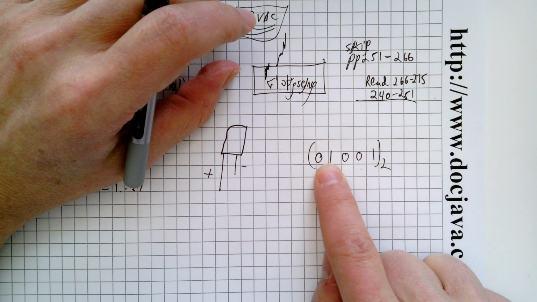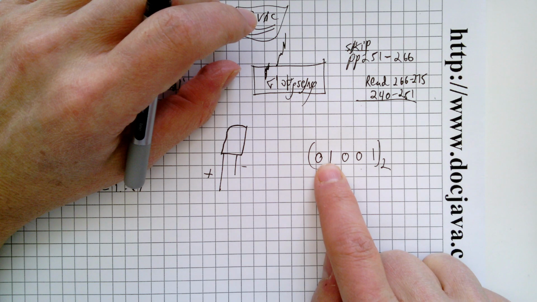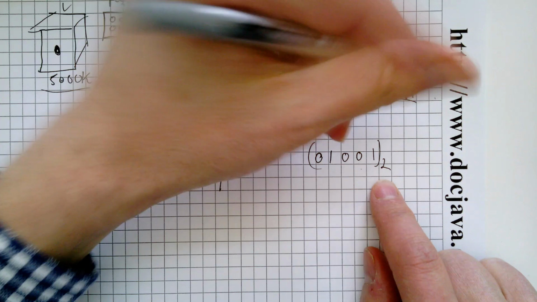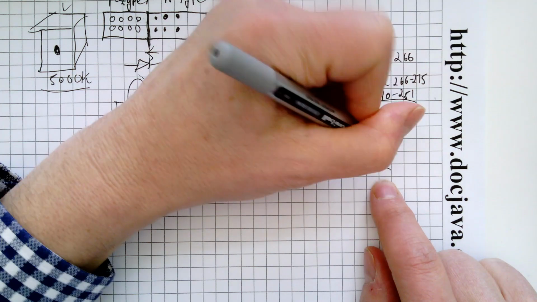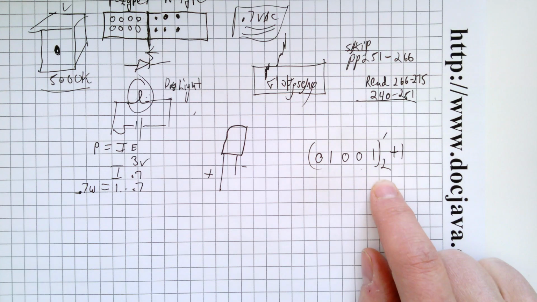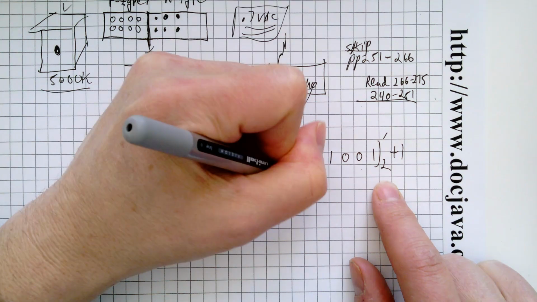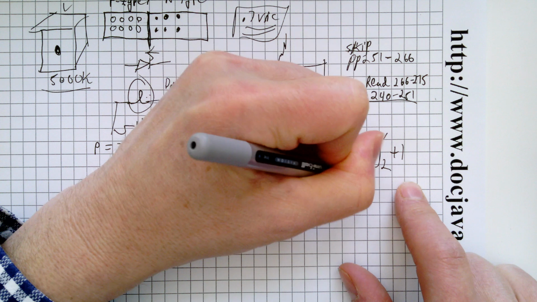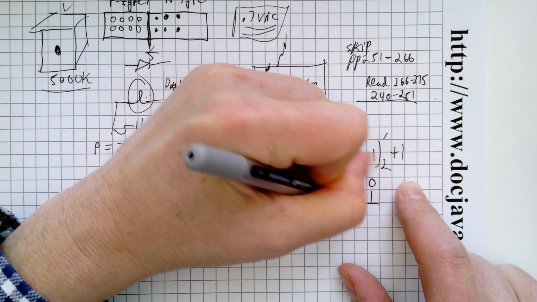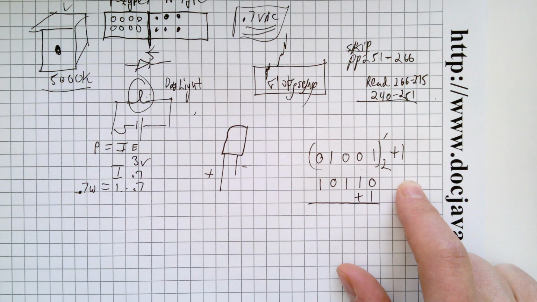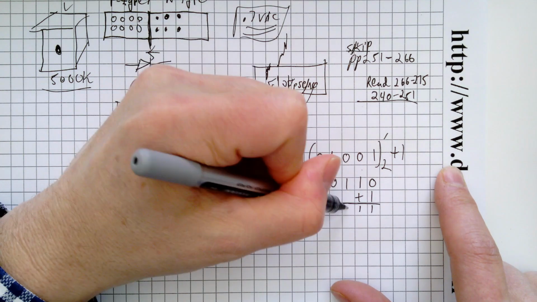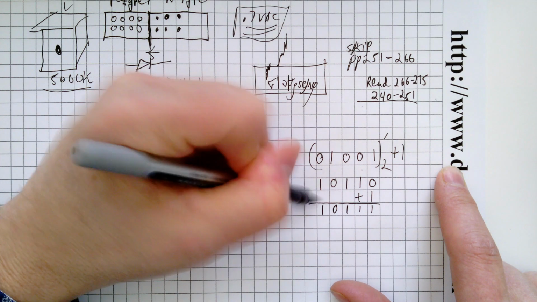And we're supposed to get the 2's complement for the 5-bit binary number. So I'll form the 1's complement and add 1. 1, 0, 1, 1, 0 plus 1. And then that gives you 1, 1, 1, 0, 1.